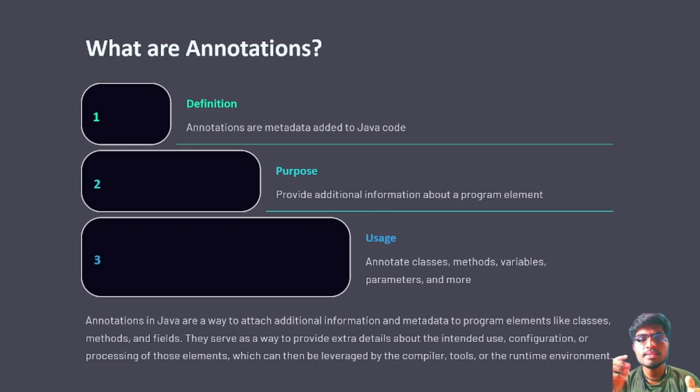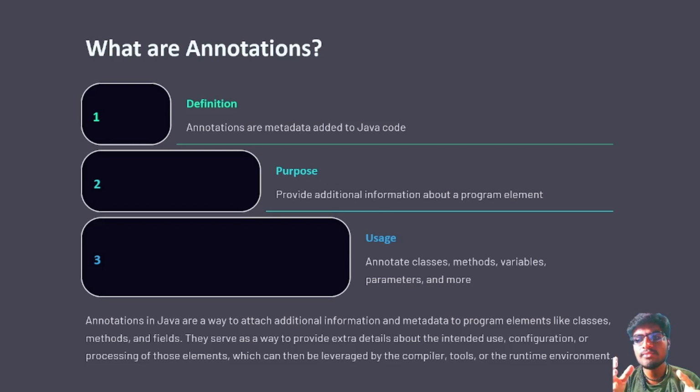Annotations in Java are a way to attach additional information, meta descriptions or metadata to program elements like classes, methods and fields.